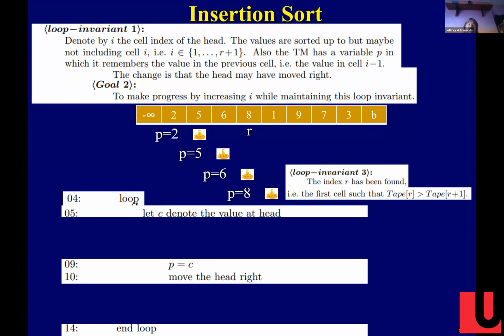So assuming nothing's a blank, R is going to be bigger than R plus 1. It's sorted up to R, and when you go to R plus 1, things get smaller. So we say we have found it, we stop, and we know that the head is at R plus 1.